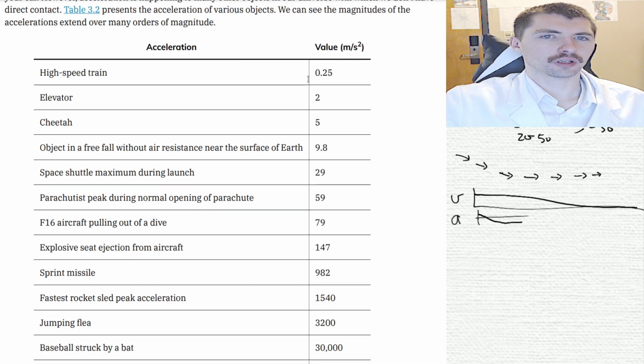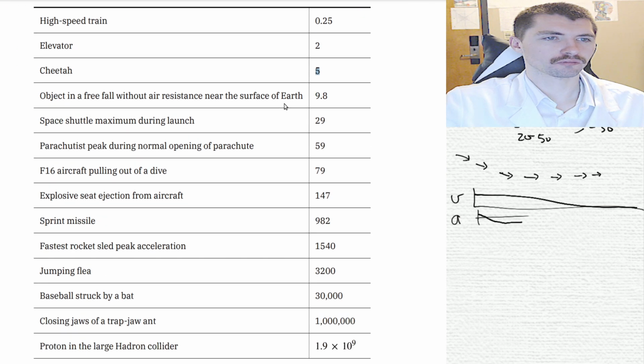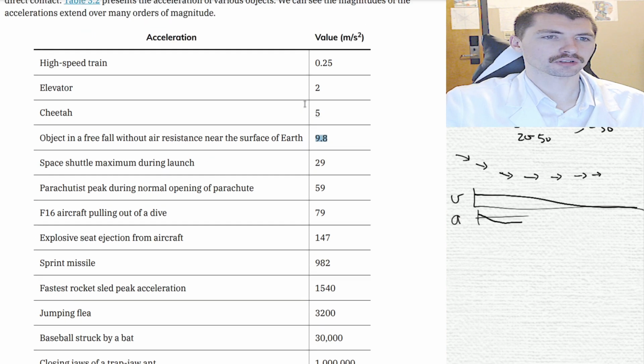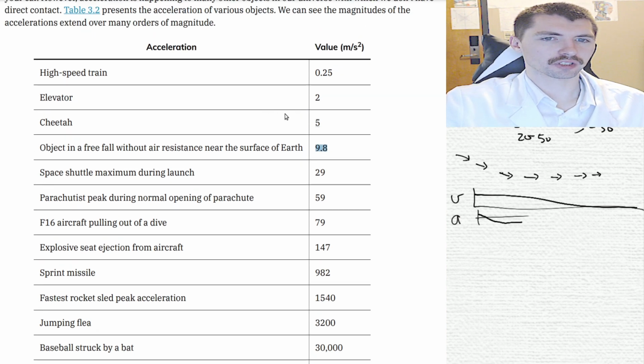So here are some popular accelerations. Cheetah, 5 meters per second cubed. Gravity, 9.8 meters per second cubed.